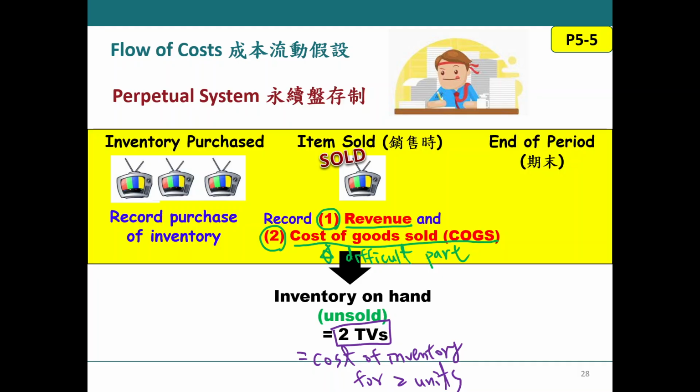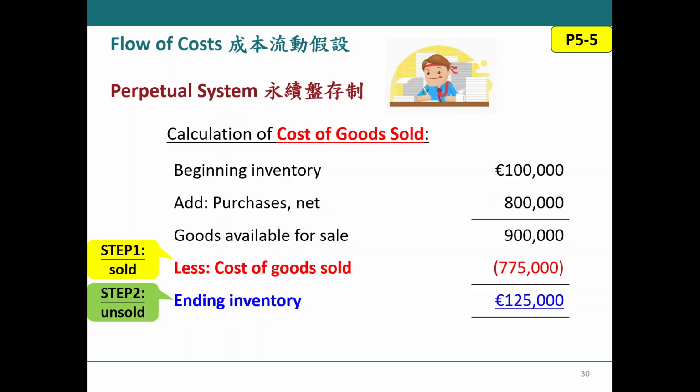Okay, so based on this, let's look at the numbers we have on your slide, page 30, textbook 5-5. Remember, I just let you practice how to get the numbers, right? Beginning inventory plus purchase, you got total inventory you have, right? Okay, then we minus cost of goods sold.